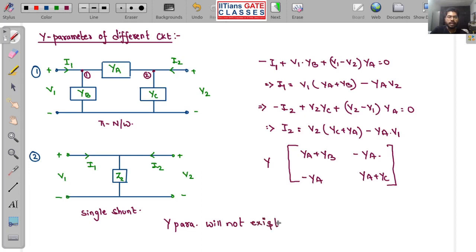So my independent variables have become dependent on each other. That is why this place is V1 also and this place is V2 also. So V1 should be equal to V2 for the KVL equation to be satisfied. So that is why the Y parameter will not exist here.